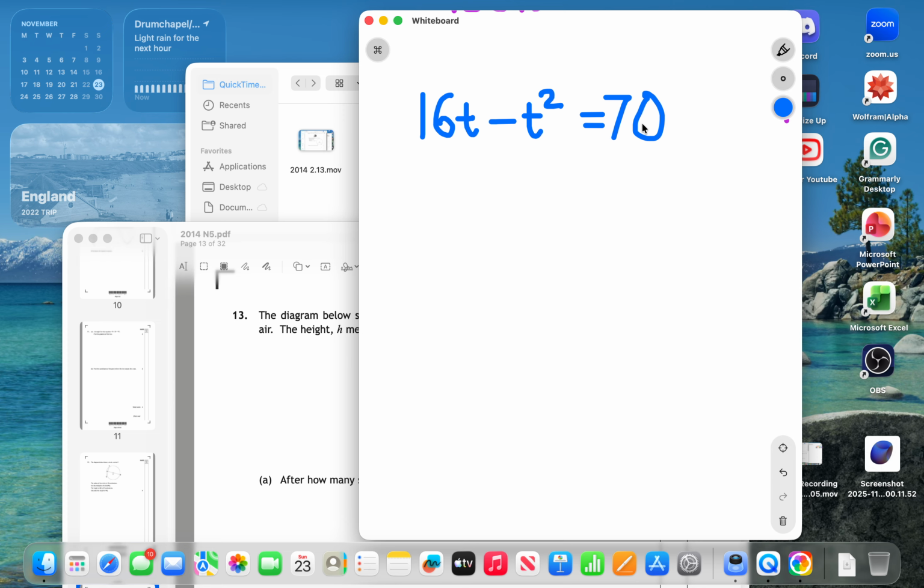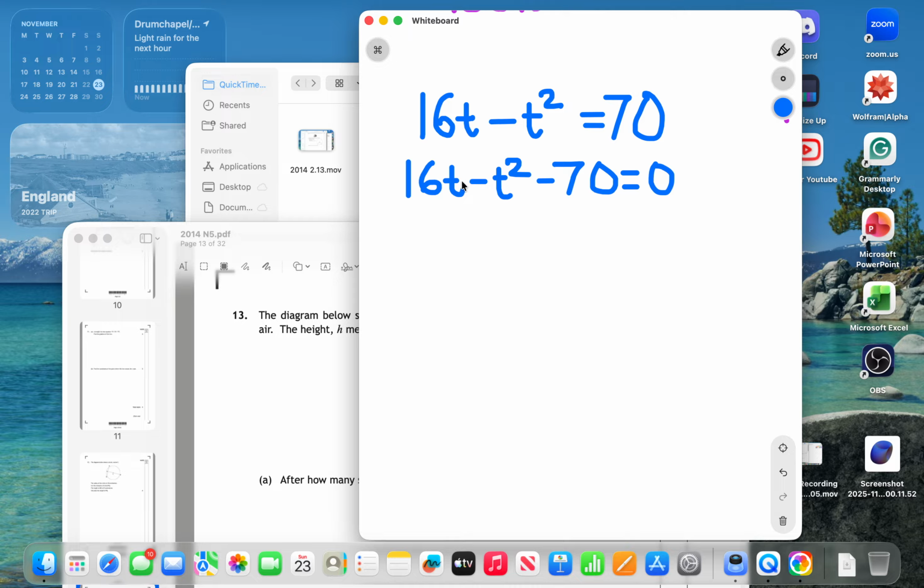Now, if we take the 70 away from both sides, we get 16t minus t squared minus 70 equals 0.